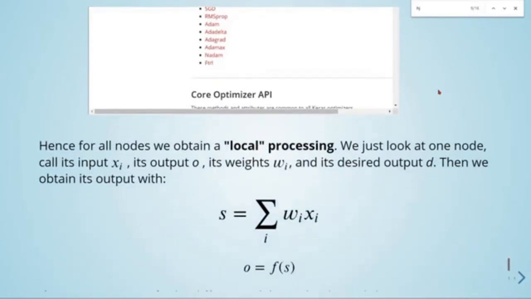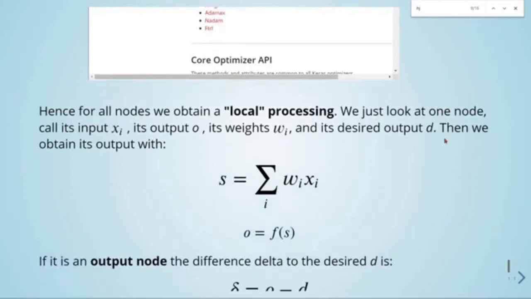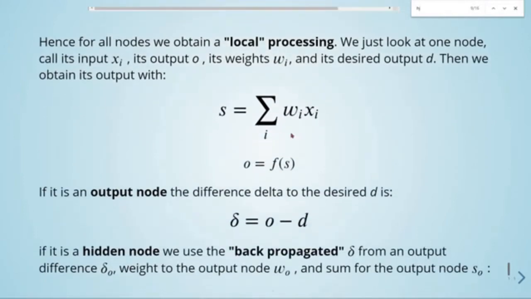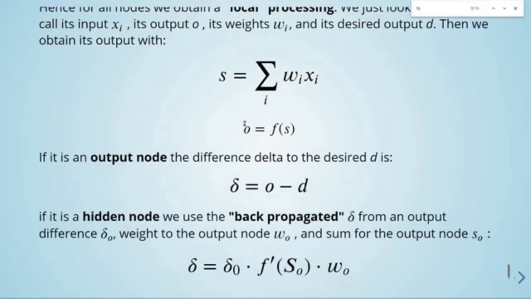So hence, for all nodes, we retain a local processing. So we just look at one node, call its input x_i, its output O, its weights w_i, and its desired output d. Then we obtain its output with this sum here. So sum of the weights times the inputs, and then the output is a function applied to this sum.